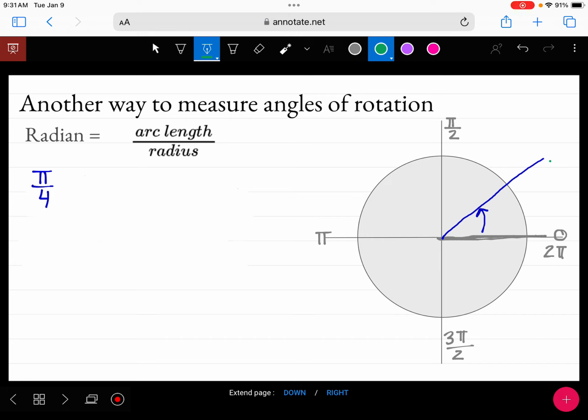All right, how about negative pi over 3? It's going to be about a third of the way down, because we're negative, so we're going to go down.